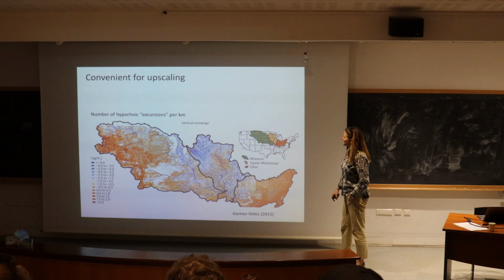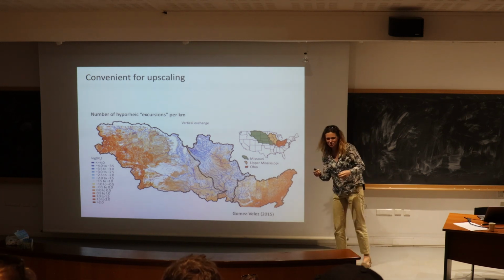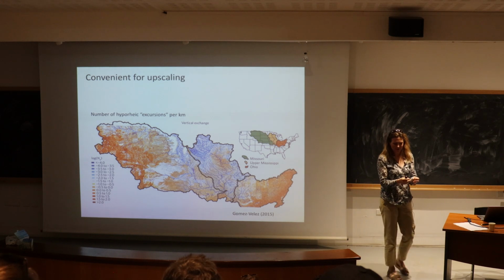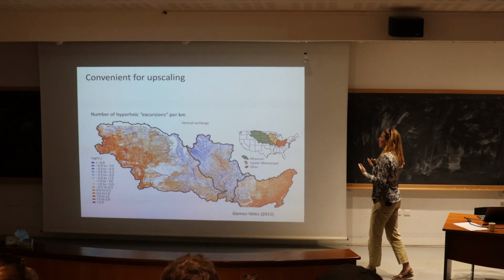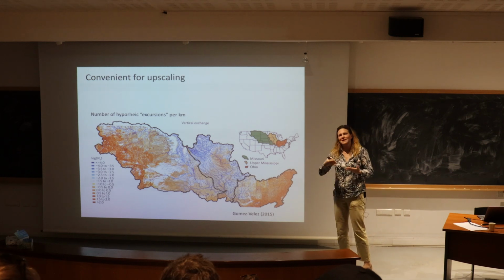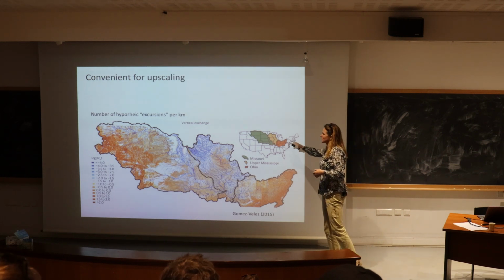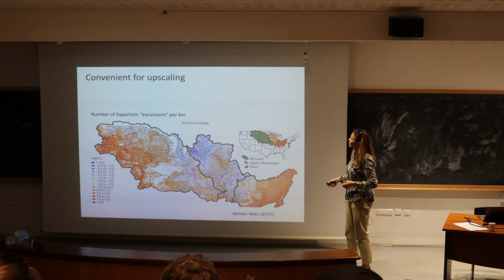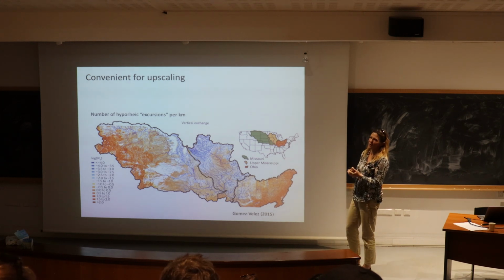So I'm going to show you a little bit about how this concept of thinking about streams as basically compositions of bed forms and meanders can be used to understand how water cycles through the stream bed as it's headed downstream. And so this map shows you a large chunk of the Mississippi River Basin. And what you're looking at here is the number of hyporheic excursions per kilometer.